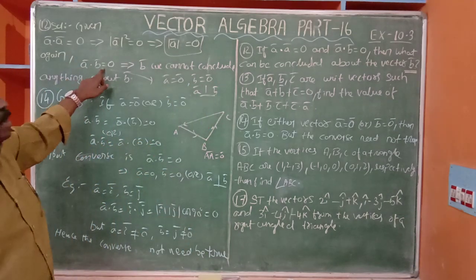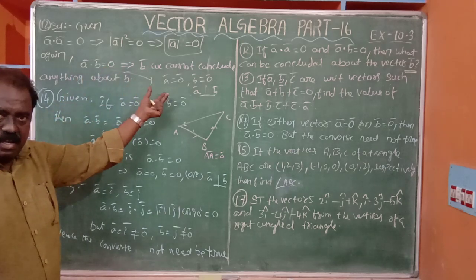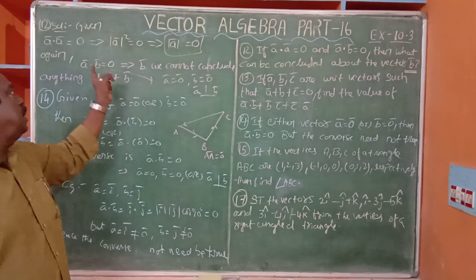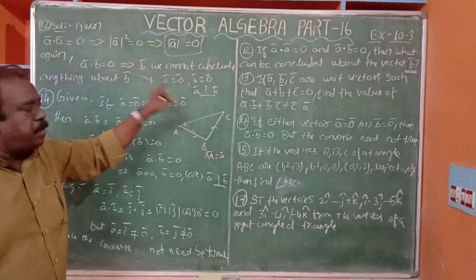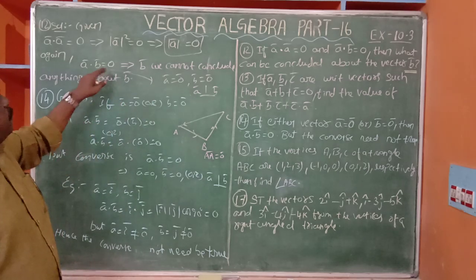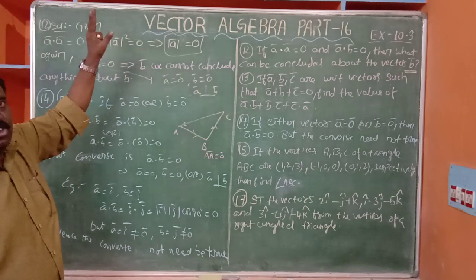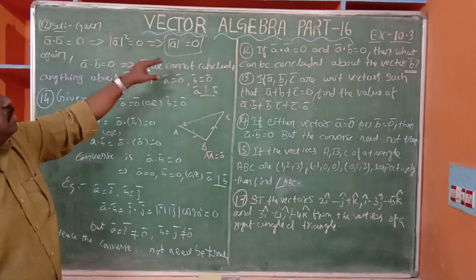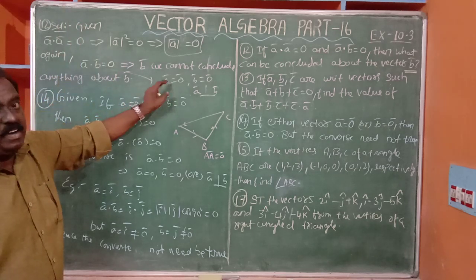These are the results. But this will not match with the first result. Modulus of a bar is 0 only. But here it is a different meaning.